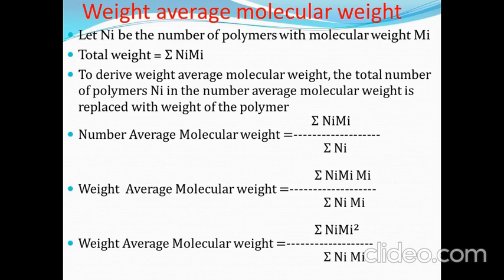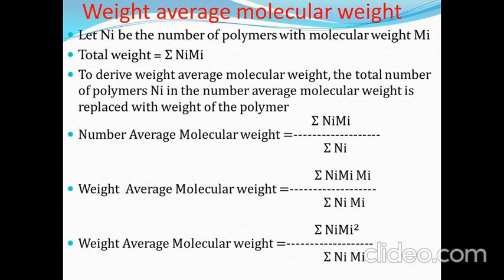The total weight of the polymer is equal to the summation of Ni Mi. To derive the weight average molecular weight, the total number of polymers Ni in the number average molecular weight is replaced with the weight of the polymer.